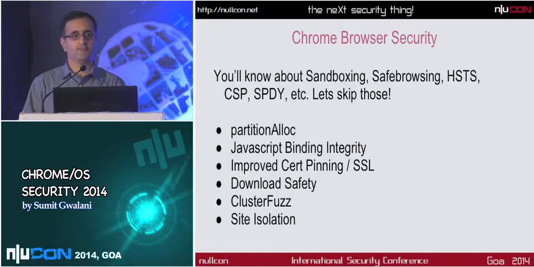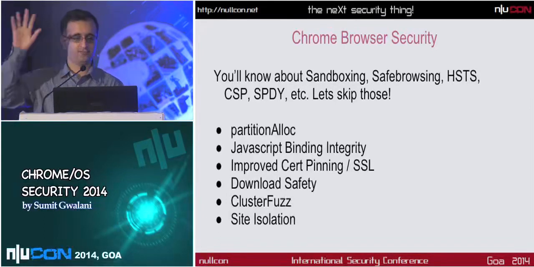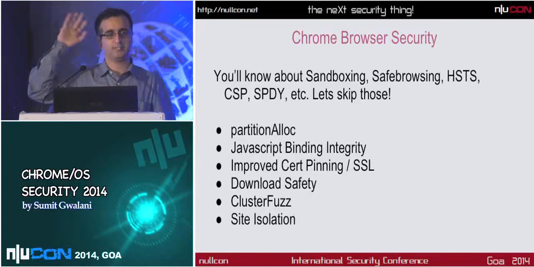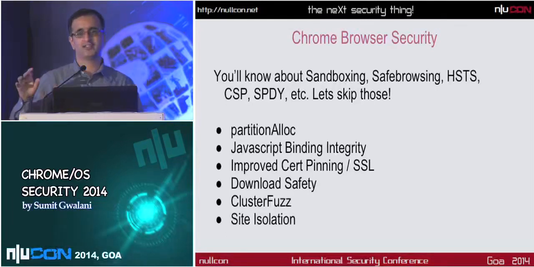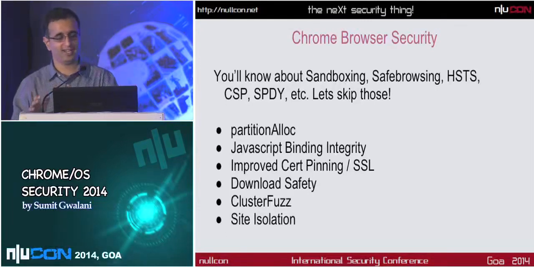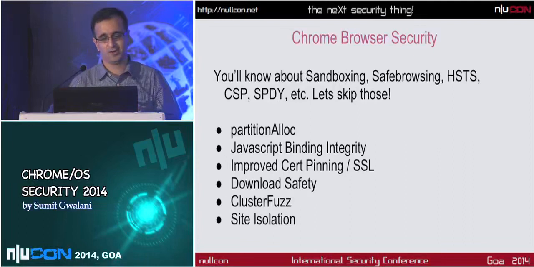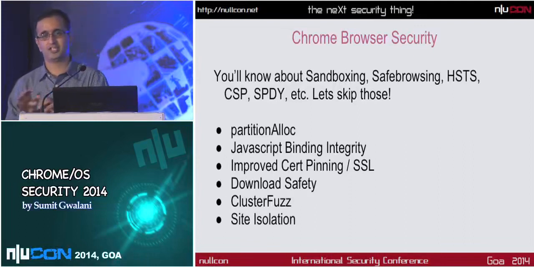Just to get a show of hands, how many of you understand these terms: HSTS, CSP, SPDY? I see a few hands, okay. So I will try to give a quick one-line summary. Strict transport security ensures that you're forcing HTTPS over certain pages.